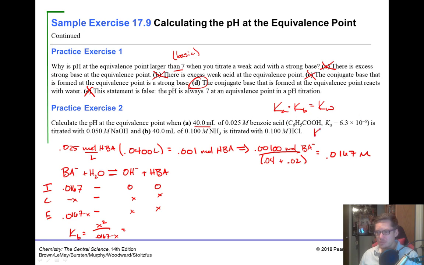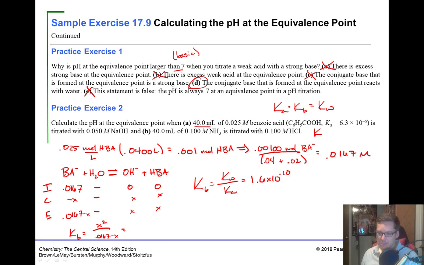So that means our Kb is equal to our Kw divided by our Ka. Our Kw is 1 times 10 to the minus 14th, and we're going to divide that by our Ka, which is 6.3 times 10 to the minus 5th. So we get 1.59. I'll just call it 1.6 times 10 to the minus 10th.